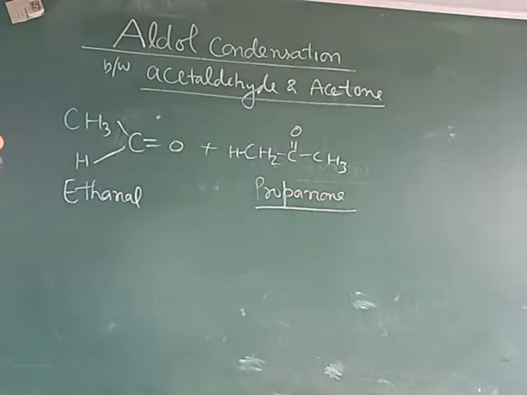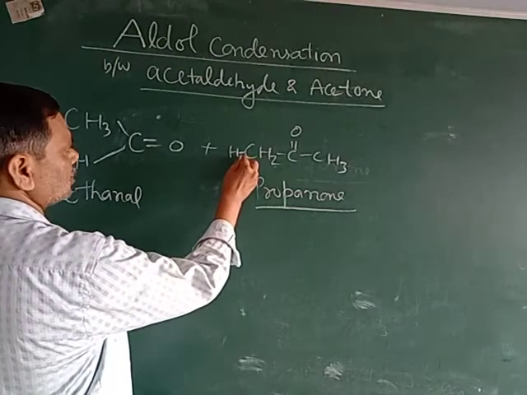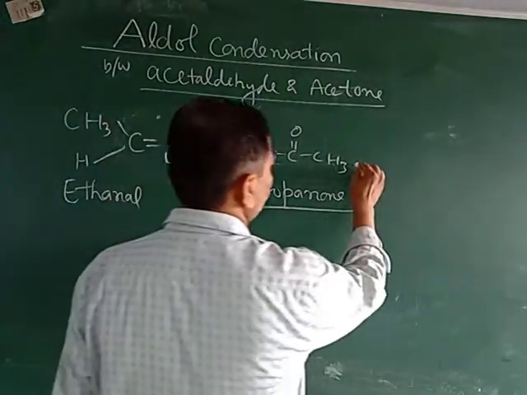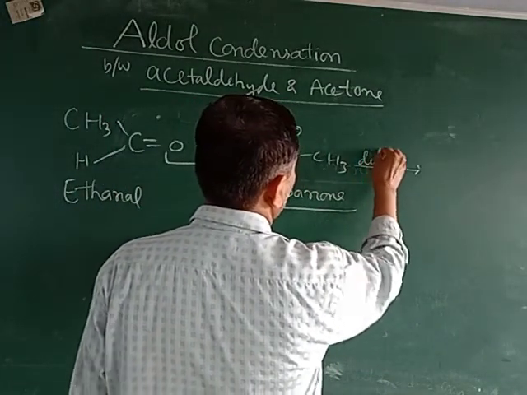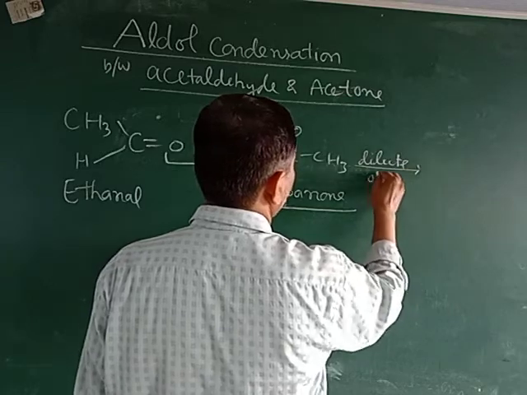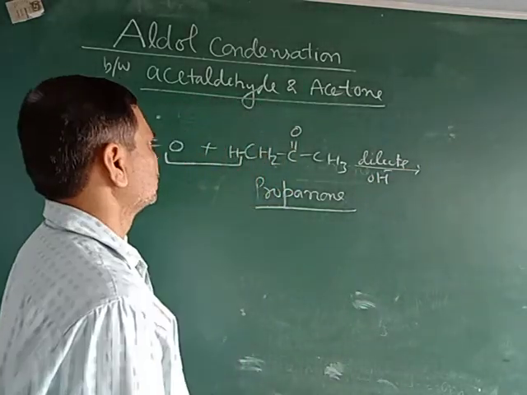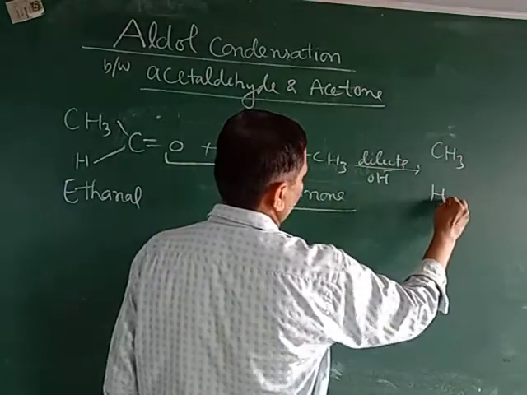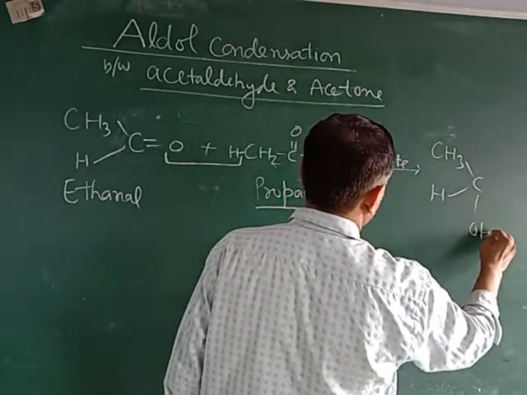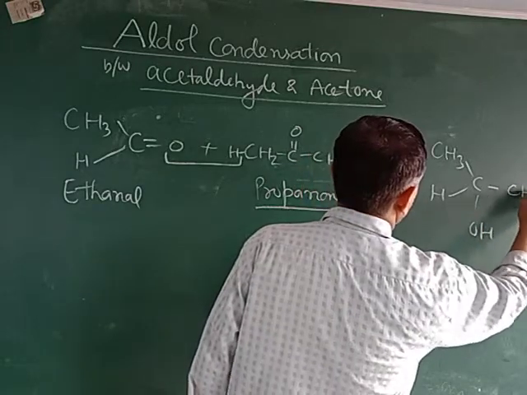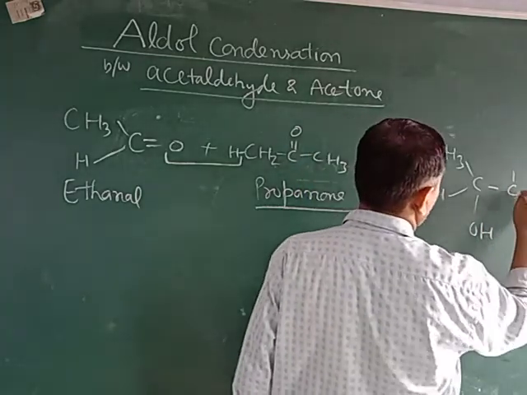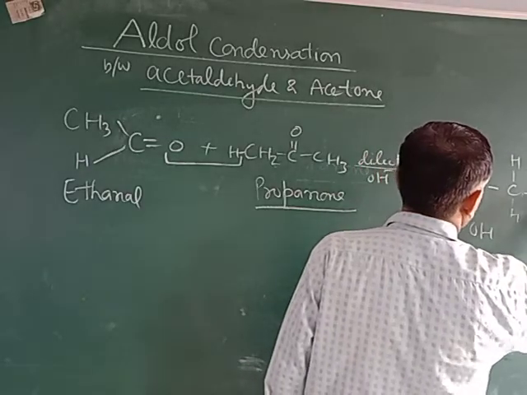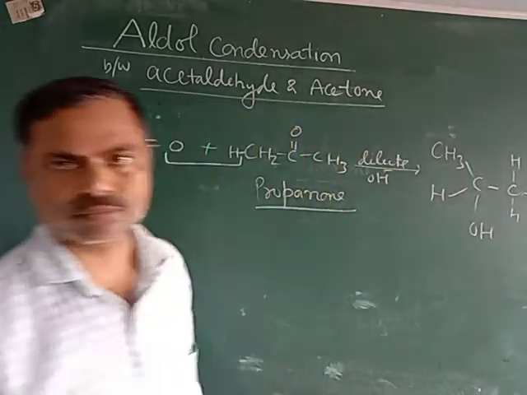So what will happen? This alpha hydrogen will make a bond with the oxygen atom in the presence of dilute alkali. CH3CH(OH)CH2COCH3.